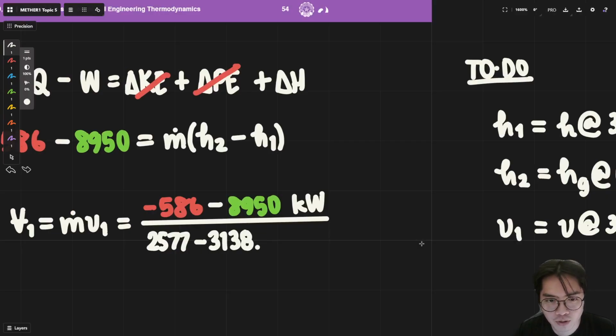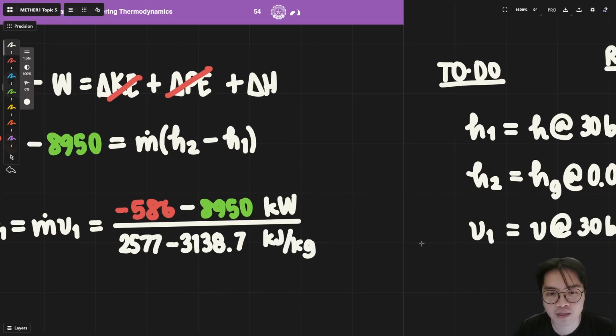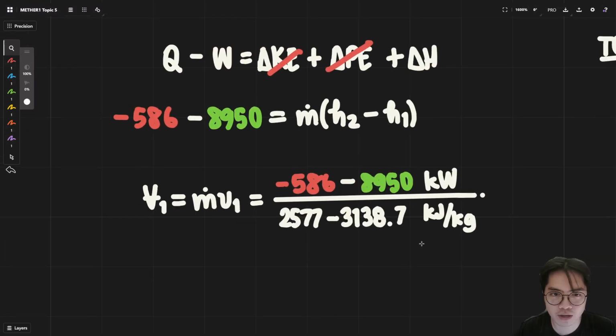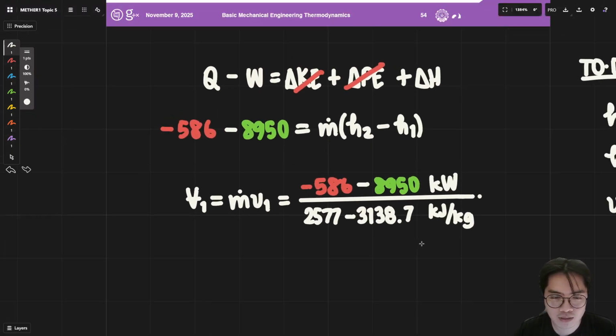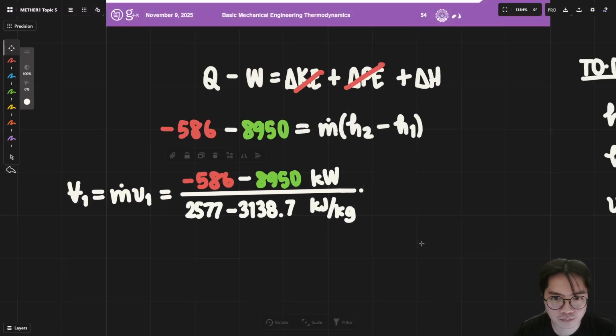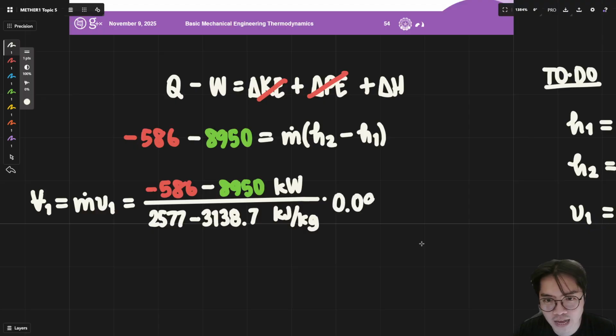This is now kilojoule per kilogram. And then you will have in here v1, which is, okay, I'm going to have to move this a little bit. Here you go. Times 0.0923 meter cube per kilogram.